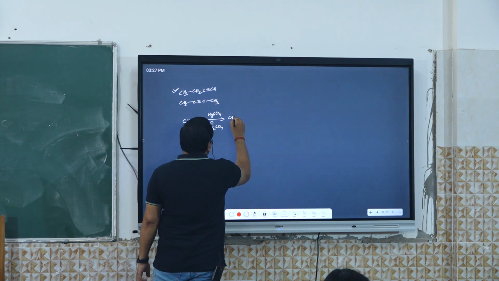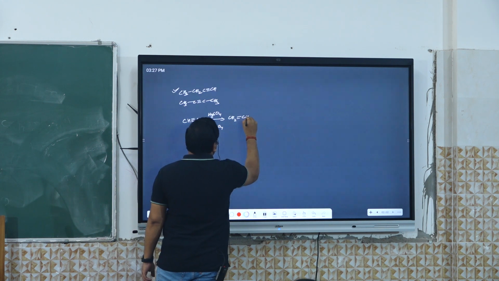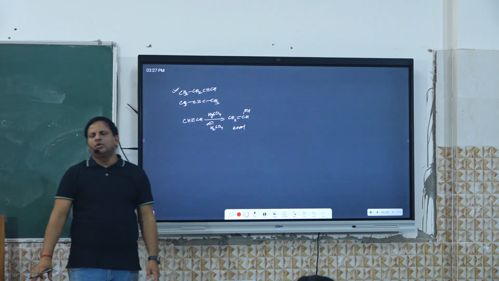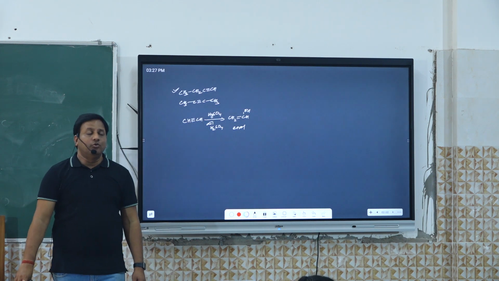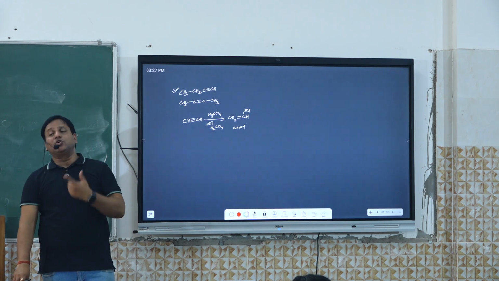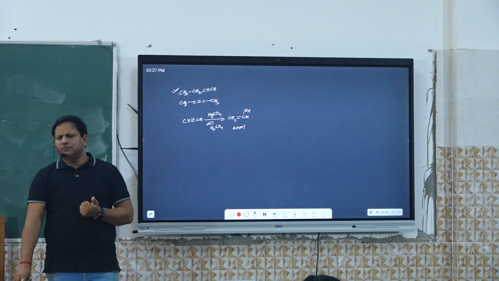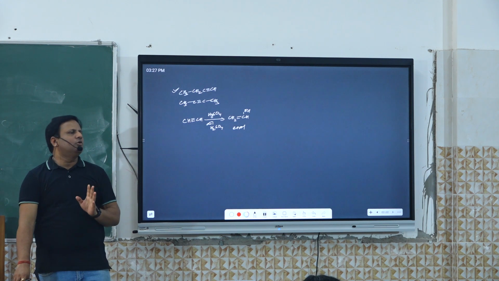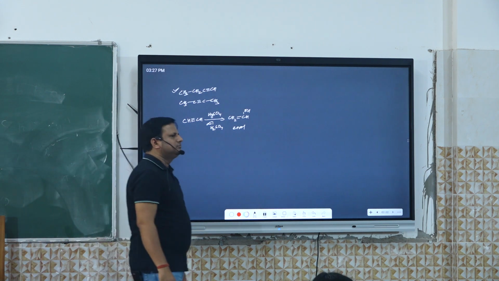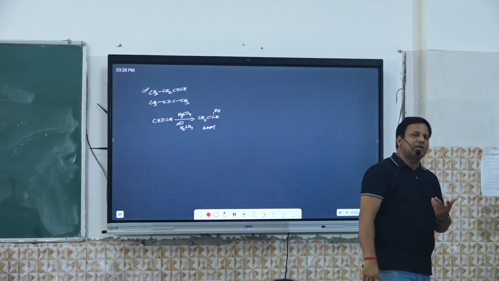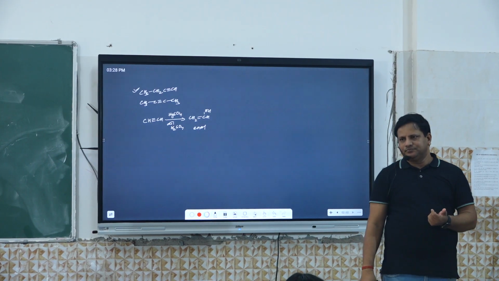So in the first step, the hydration gives enol. But we know between keto and enol which is more stable. In general, keto is more stable. Okay, can the enol be more stable? Not always is keto more stable; sometimes enol can also be more stable.